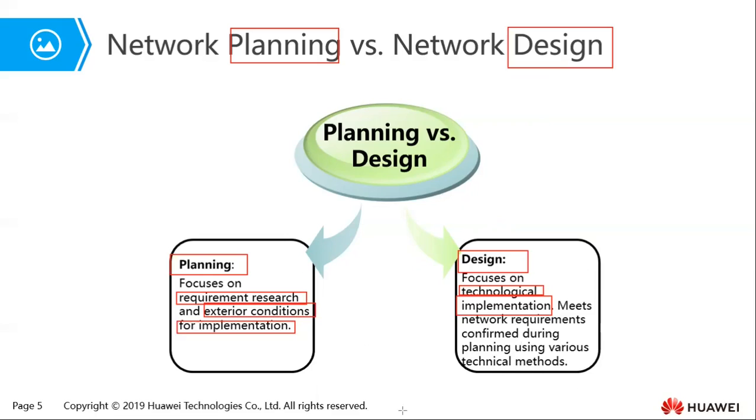Now, theoretically, these two stages, planning and design, as you've seen in the previous picture, follow each other in sequence, planning, then design. But in reality, when you implement network projects, you're going to realize that these two phases are actually combined closely with each other.